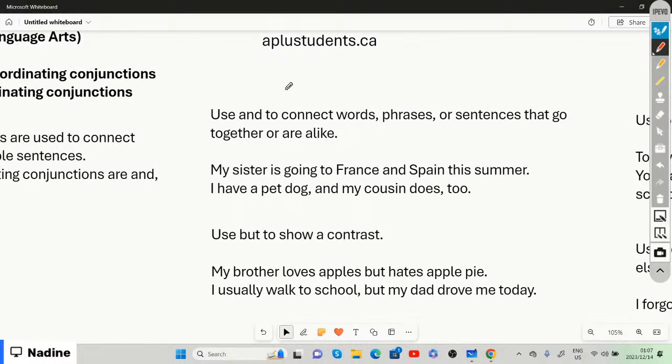All right, so we basically use the word and. We use and to connect words, phrases, or sentences that go together or that are alike. For example, my sister is going to France and Spain this summer.